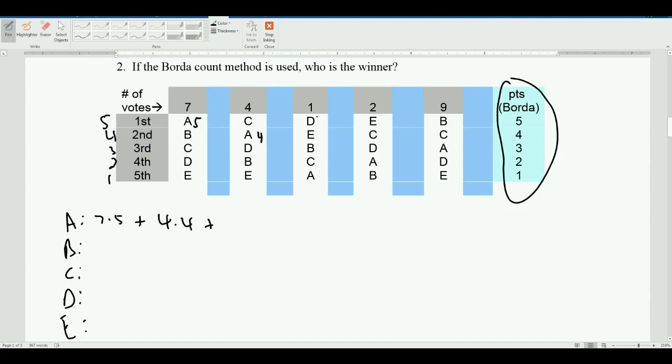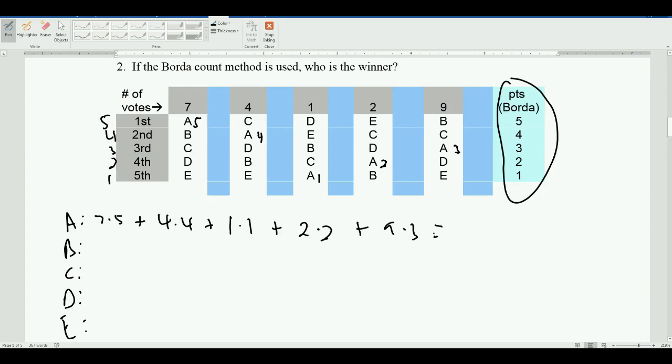A received 1 vote. Fifth place, that's worth 1 point, so that's 1 times 1. 2 people voted A in fourth place, and fourth place is 2 points, so 2 times 2 is what we're going to have there. And then 9 people voted A in third place, and third place is 3 points, so that's 9 times 3.